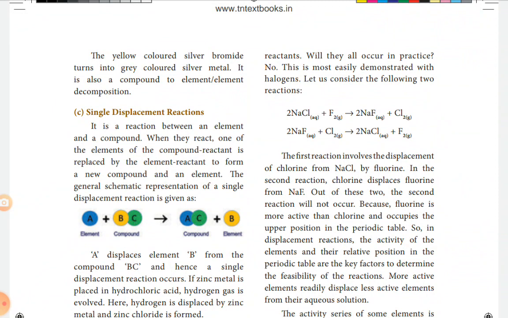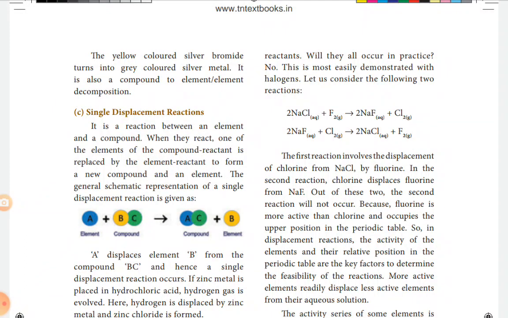Here the reactant compounds interchange their ions to form new products. This is also called metathesis reaction, because of the interchange of the ions or replacement of cations by cations.